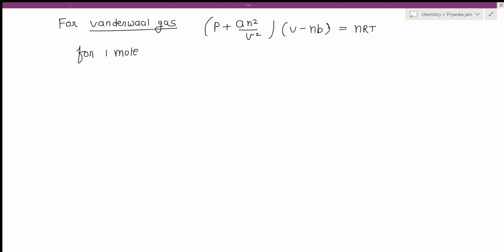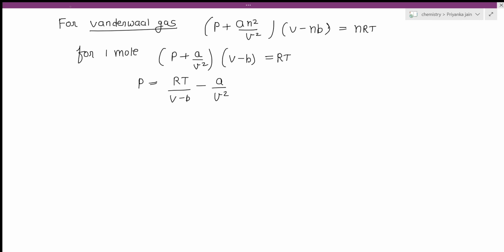Our equation will be (P plus a/V²)(V minus b) is equal to RT. From this equation, what will be the value of pressure? Pressure will be equal to RT/(V minus b) minus a/V².